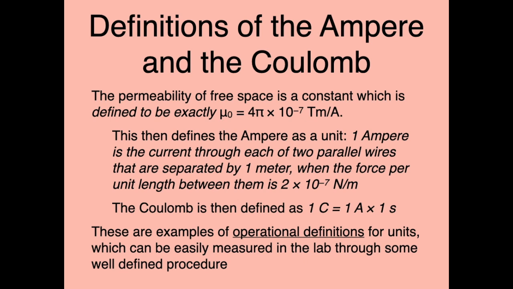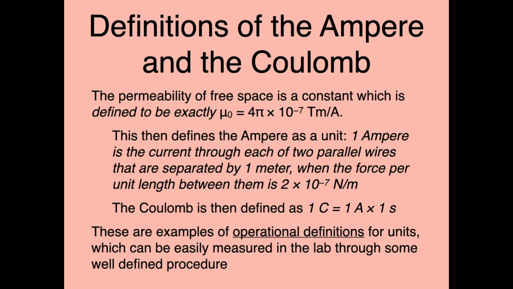We saw earlier that if you have 2 parallel wires, they exert forces on each other. That's something we can measure. So if the force per unit length is exactly 2 times 10 to the minus 7 newtons per meter when the wires are separated by a meter, that defines the unit of an ampere. That's the current flowing through those 2 wires.